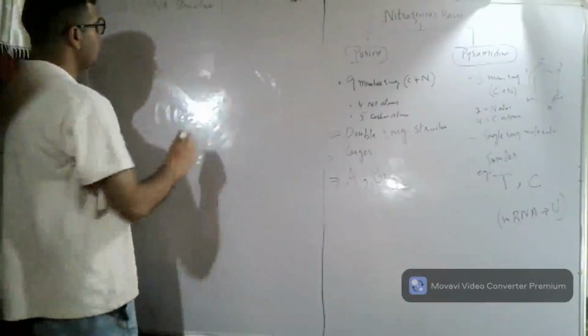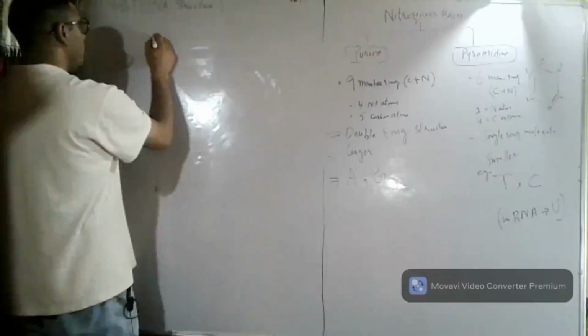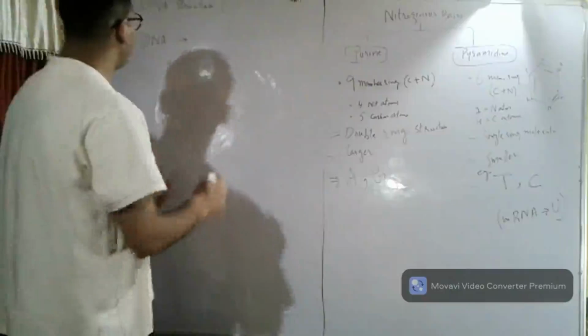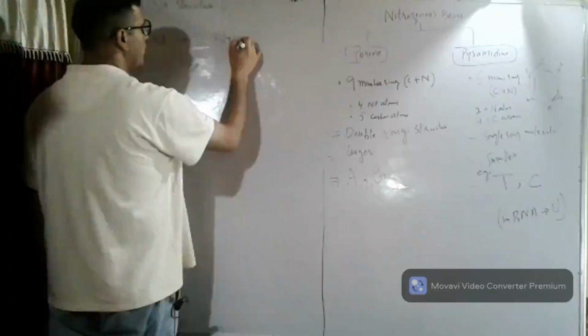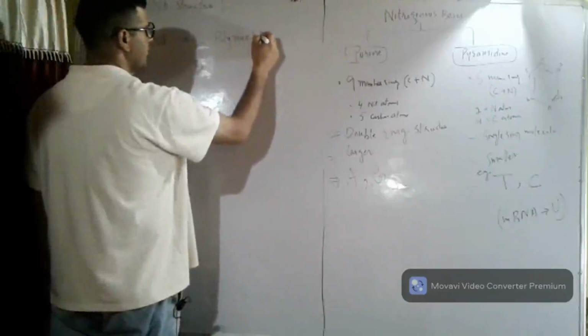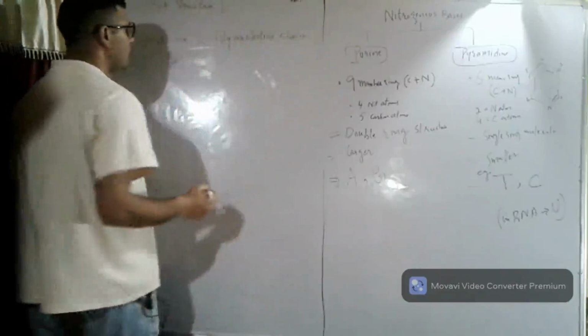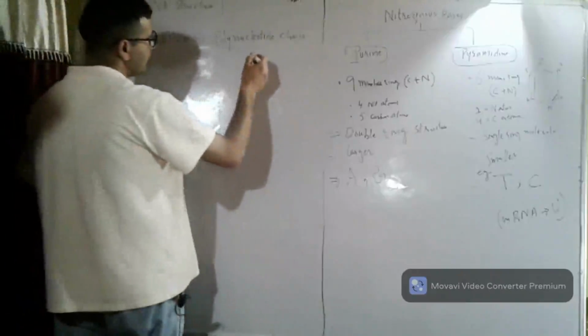So a DNA molecule has 2 polynucleotide chains. This DNA is made up of 2 polynucleotide chains. I'll explain like this.